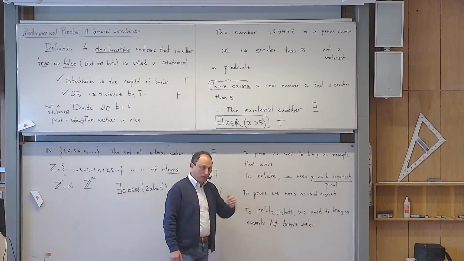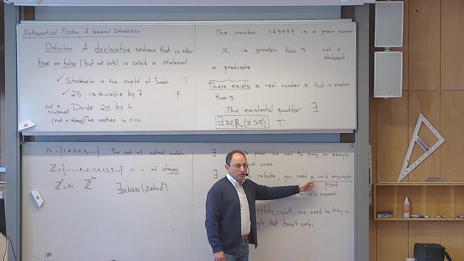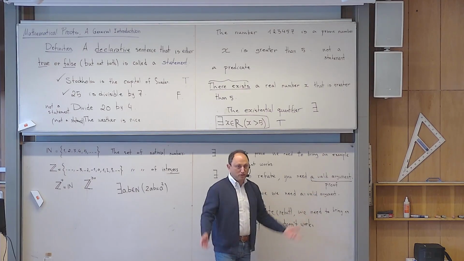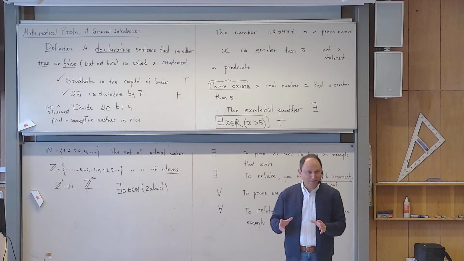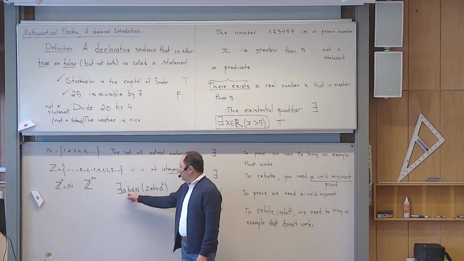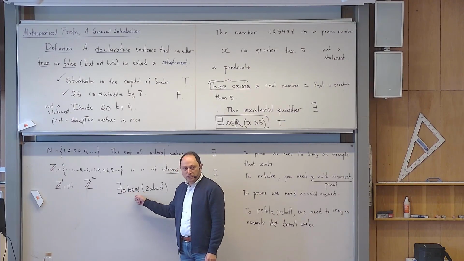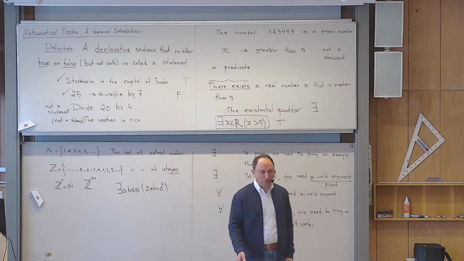Refute means saying that something is not correct. And then you need a valid argument. So it is not enough to give me some examples. You should convince me that no matter how hard you work and how hard you look for numbers, you will not be able to find two numbers A and B so that 2AB is equal to A squared.